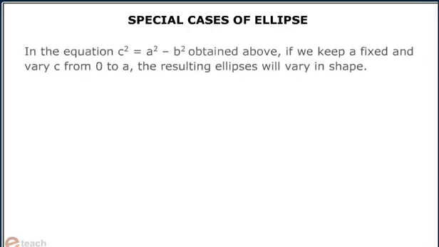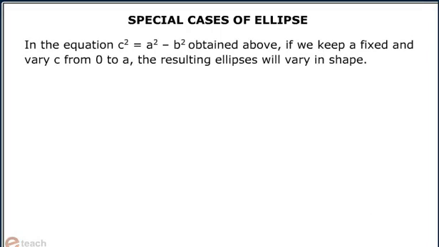Special cases of ellipse. In the equation c² = a² - b² obtained above, if we keep a fixed and vary c from 0 to a, the resulting ellipse will vary in shape. Case 1.